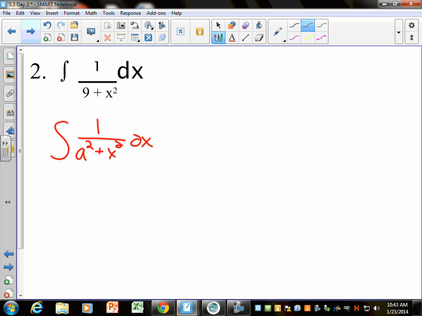That's the formula. So they can put x first, they can put a first, it doesn't really matter, but you just want to recognize that a is 3 in this one, and x is just x.